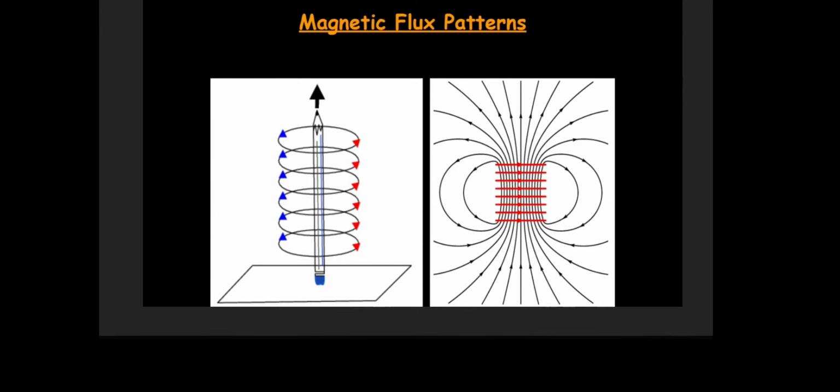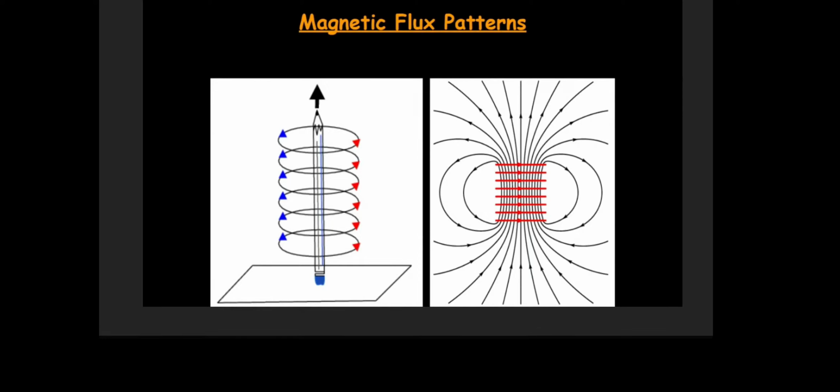So how do we get the magnetic field around these conductors? What rule do we use? Right hand grip rule. Is it the Fleming's? No, first person got it. Yes, the right hand grip rule.